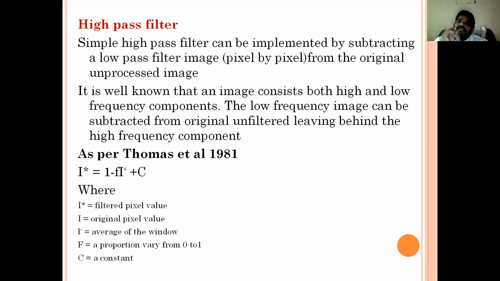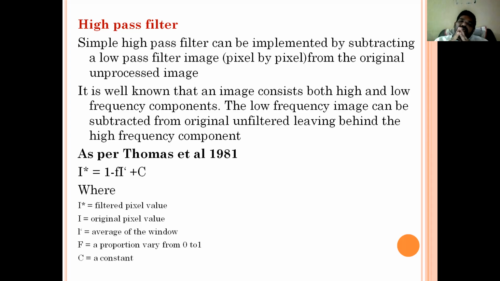That means before we go for high pass filters, we have the low pass filter image, and that is subtracted from the original unprocessed image pixel by pixel. And how can we achieve this?